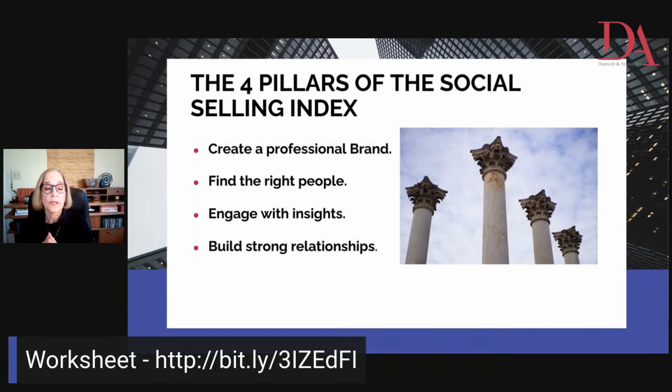Now, the social selling index has a score of 100, and each one of these four pillars is on a scale of 1 to 25. All right. So LinkedIn says that really great sellers, those people who are doing a really great job on LinkedIn, have at least a 70. So you really have to be doing all four of these.